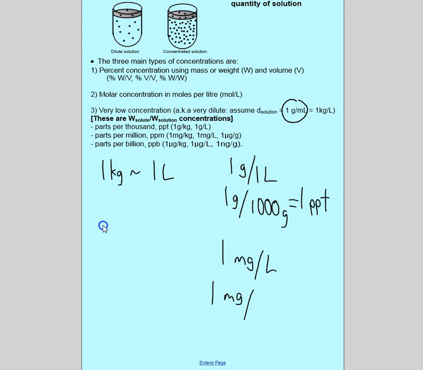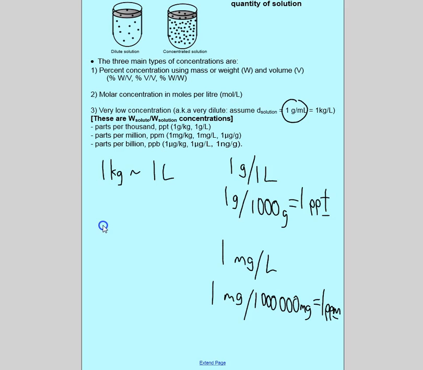Well, how many milligrams is 1,000 grams? It's 1,000 thousandths. So 1,000 grams is 1 million milligrams, and obviously 1 out of a million is 1 part per million. So we can make easy comparisons here by making the units common, and then it's very easy to see why it's 1 out of 1,000, a part per thousand, 1 out of a million, part per million.